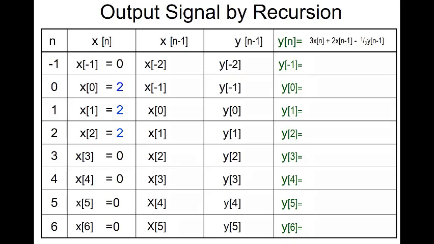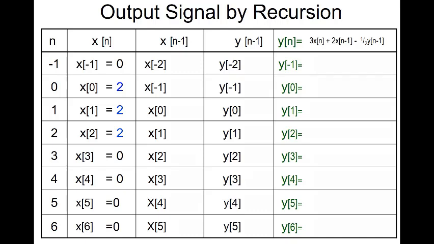And I want to know what comes out, where this system is described by this difference equation. So all I need to do is, for every index row, compute the value of this difference equation using all the appropriate values in each of those row positions, in that same row position.